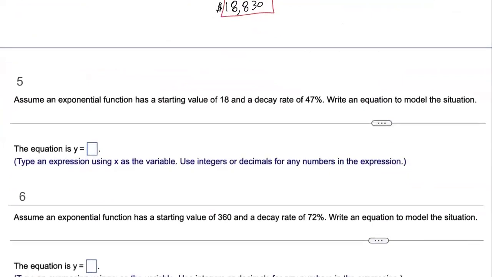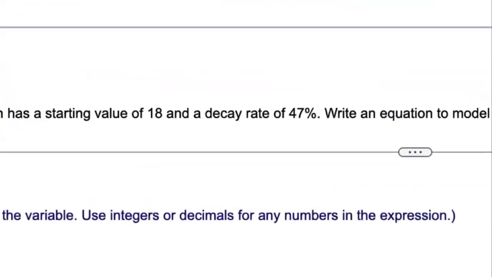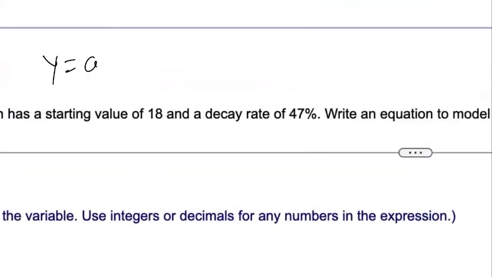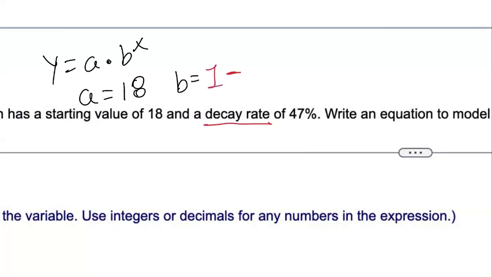All right, for number 5, assuming the exponential function has a starting value of 18 and a decay rate of 47%, write an equation to model the situation. Okay, so y is equal to a times b to the power of x. What is my a? Okay, good. How do I find my b? Very good. It is decay, so that means I'm going to take 1 minus my rate. 1 minus 0.47.